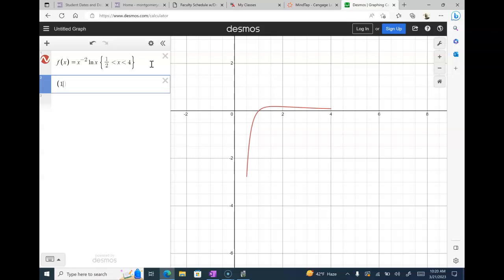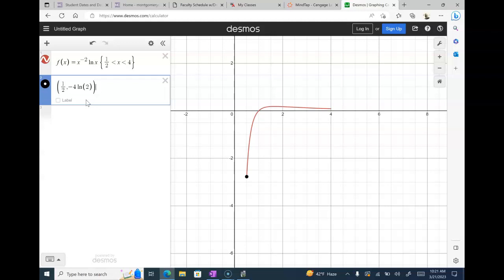At 1/2, I got the height of 4 ln of 1/2. Kind of nice to write that differently as what? -4 times ln of 2. You see that? Right, reciprocal is a negative exponent, right? So that negative exponent moves out front.